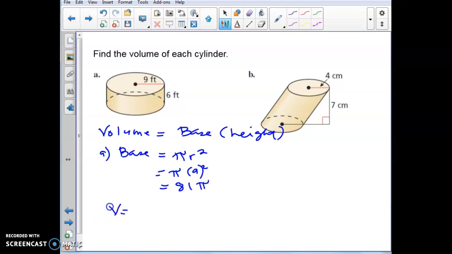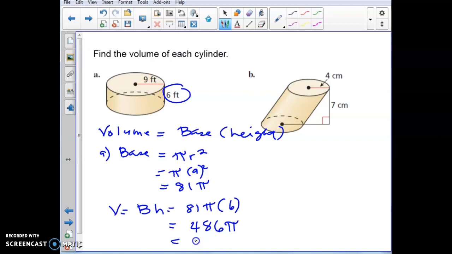So to find the volume, you multiply the base area times the height of the cylinder, which is 6. So you get 81 pi times 6. So the total would be 486 pi.